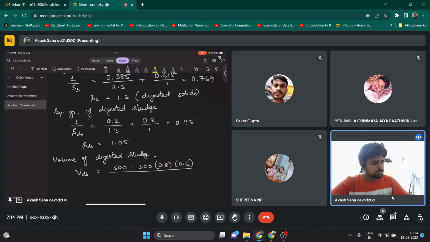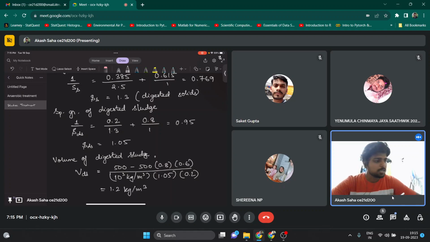Because in digestion only the volatile matter gets digested, not the fixed part. So 500 into 0.8 is the volatile matter, and out of that 60% is getting degraded, so 0.6. This is the idea behind this. Again divide by density, into the specific gravity, into the solid content, so it will come as 1.2 meter cube.